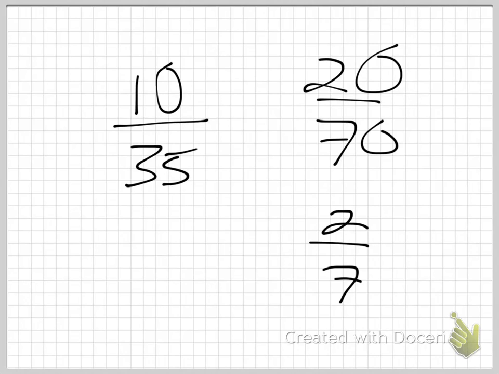What do you got, Jonathan? 5 to 7? No. What do you got, Gina? Cheater, but I like it. 100 to 350. What else? What do you got? Cheater, but you got it. That's good.